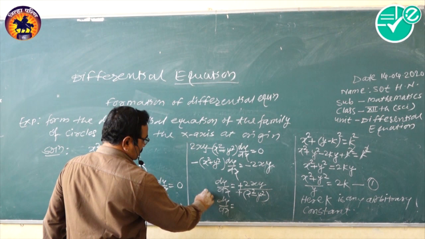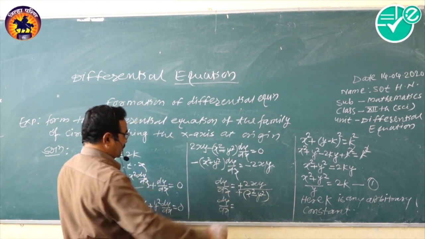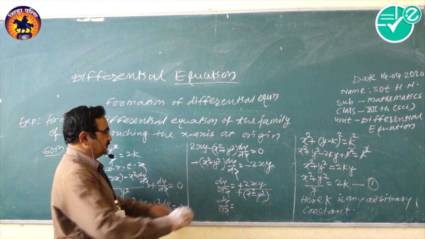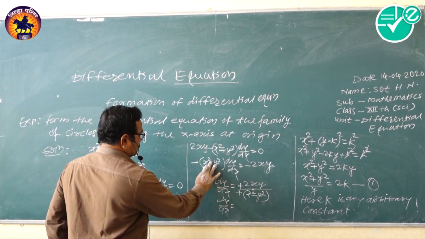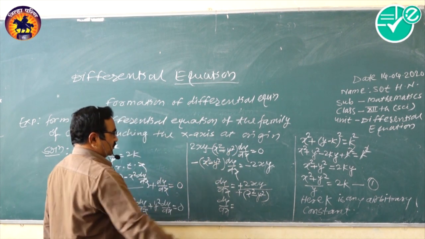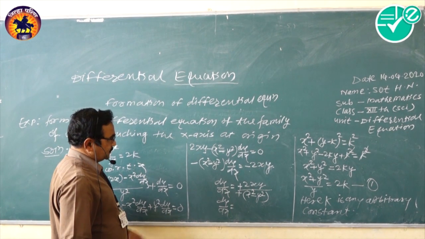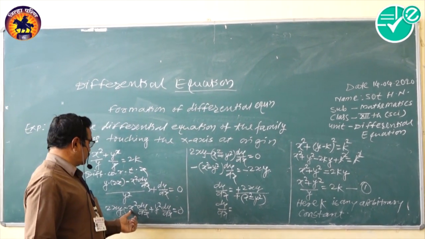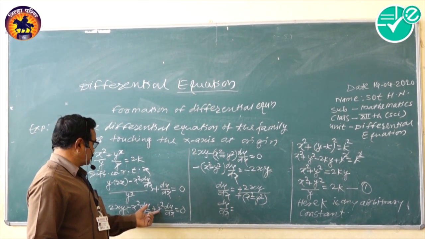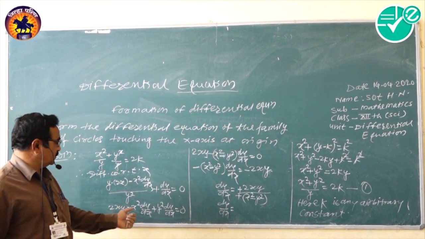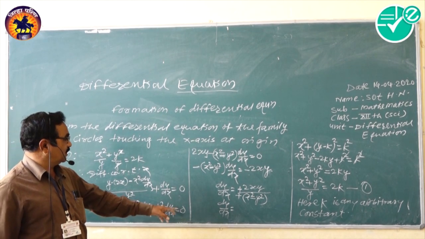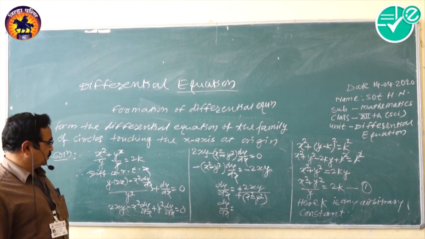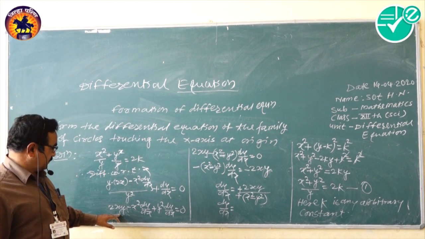Taking minus common, this becomes x square minus y square dy by dx. From this, x square plus y square dy by dx equal to 0, 2xy.